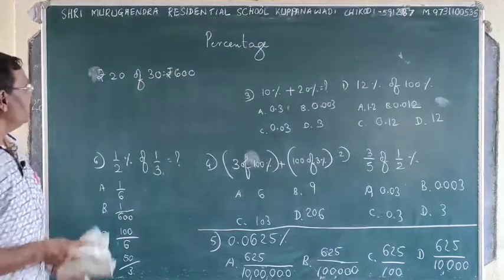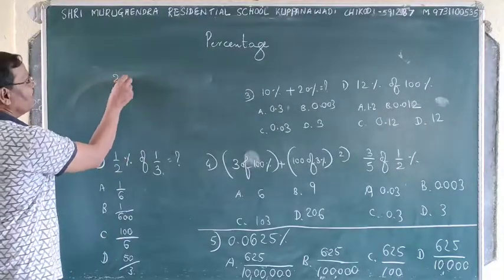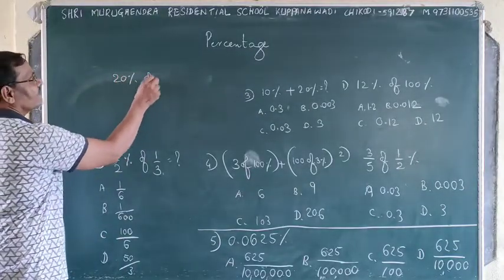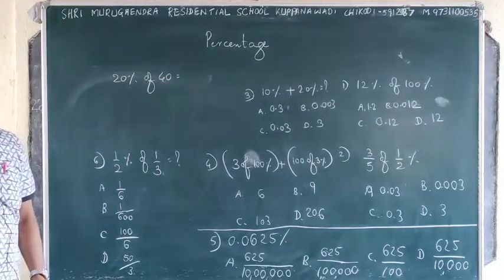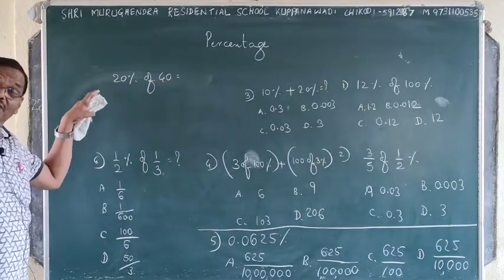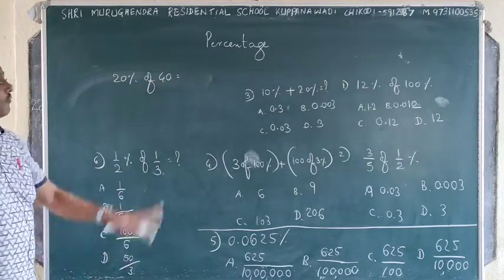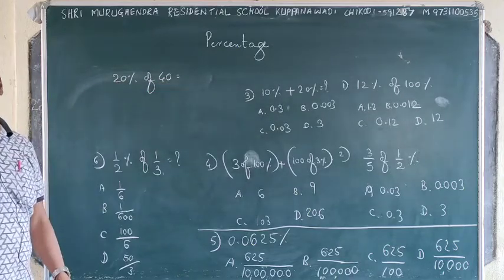Okay? Then see here: 20% of 40. What is this, 20% of 40? See, 40 rupees is there. You have to take 20% of it.